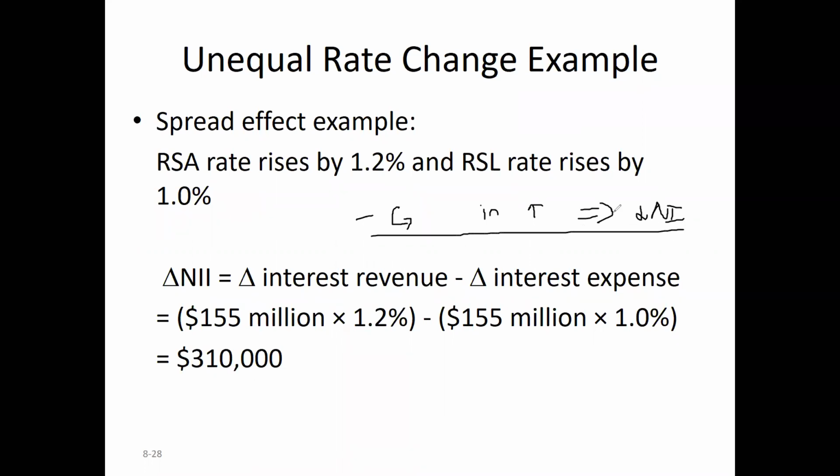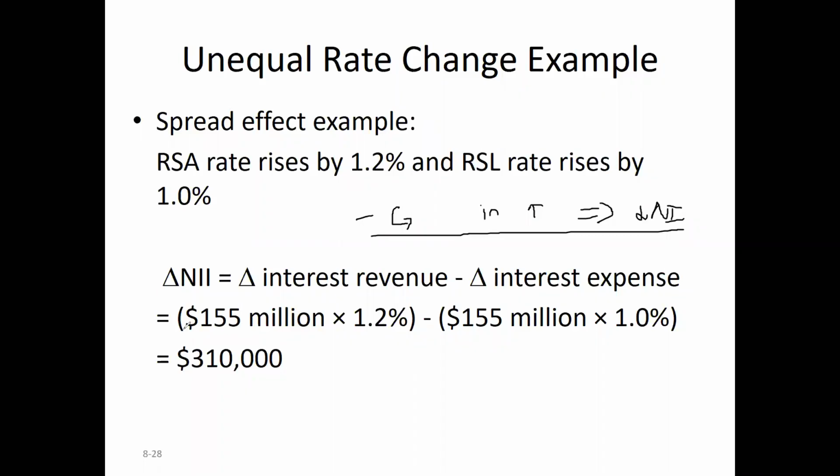However, if rate sensitive assets and rate sensitive liabilities are unequally rated, it will be kind of different. In this case, we should be very careful about how it's affecting the rate sensitive assets and how it's affecting the rate sensitive liabilities. So we're going to have an example here.